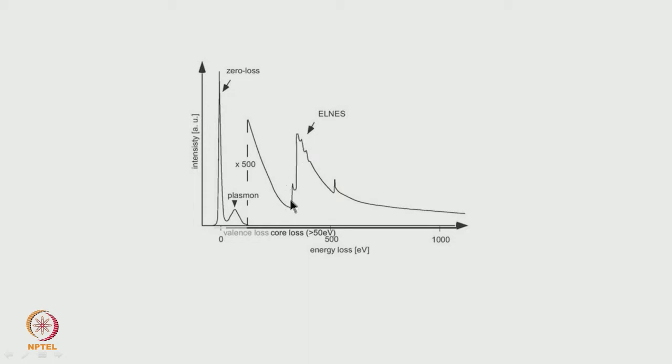These also contain some information about the chemical state in which the atoms are existing in that sample. So, using this electron energy loss spectrometry, we can get information not only about the elements present on the sample surface, but also the chemical state in which these elements are present.